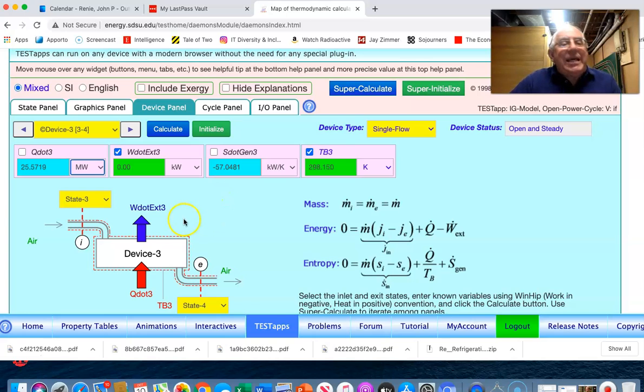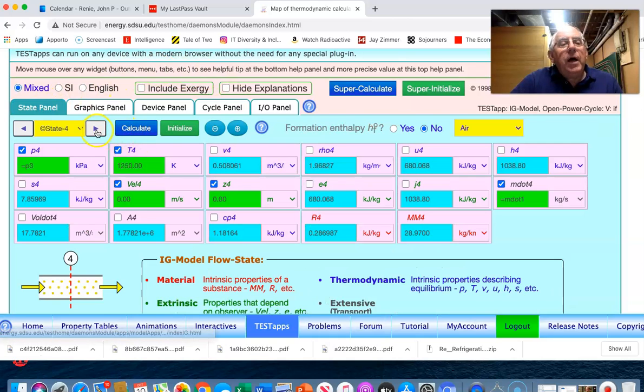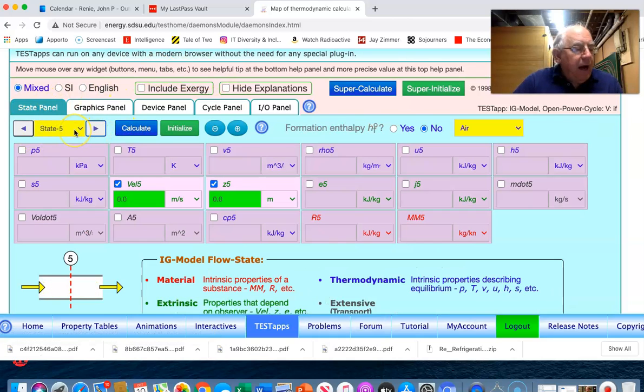State 5 is the exit of the turbine. And what we know is that at state 5, this amount of work was actually generated. So we are going to use this term in our device panel to give us the conditions at 5. So I'm going to come back to the state panel and select state 5. We don't know what the pressure is.